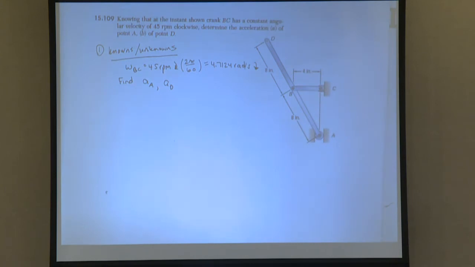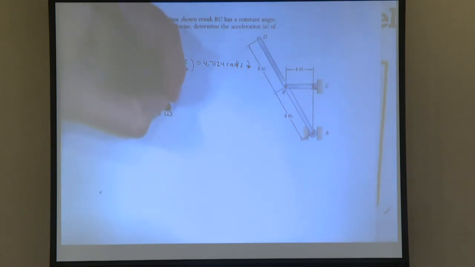Yeah, so let's talk about the equations that we have to work with. So what kind of motion does BC have? Pure rotation, good. So if I have pure rotation, let me write the equations out. What's my equation for velocity? Omega r, good. What about for acceleration?